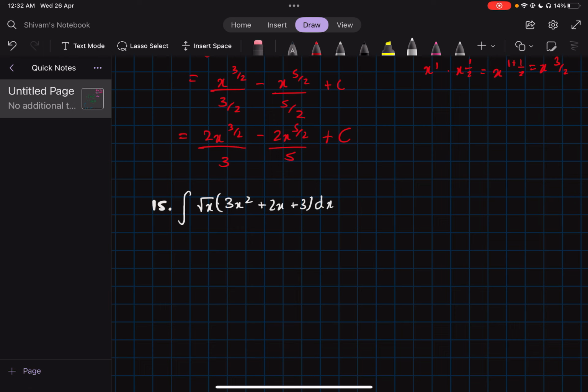So again, you want to expand this out so that you can integrate separately.